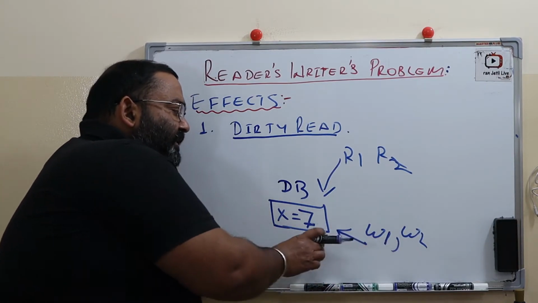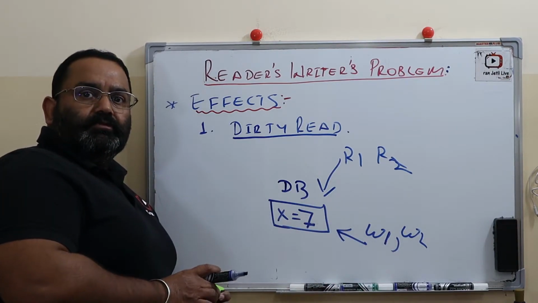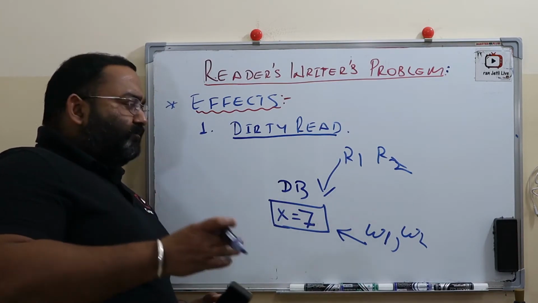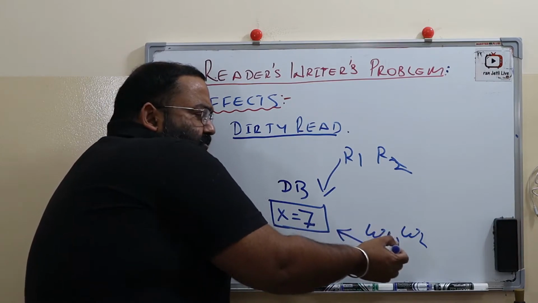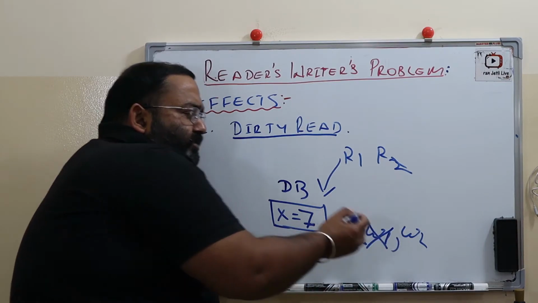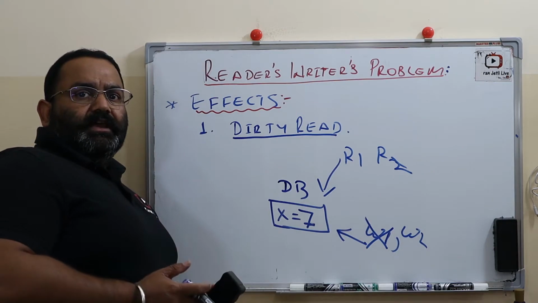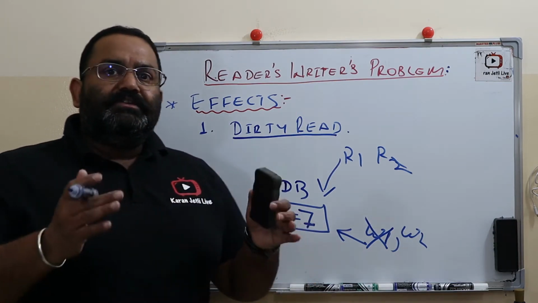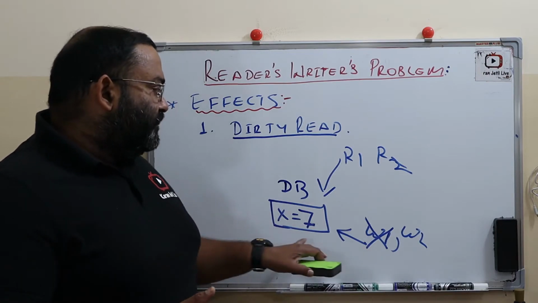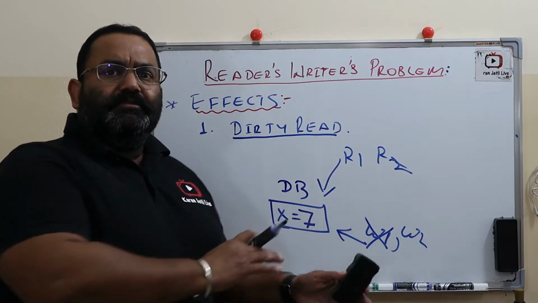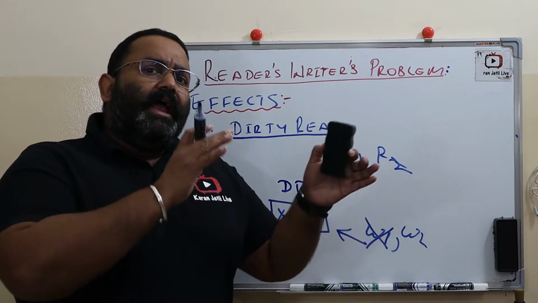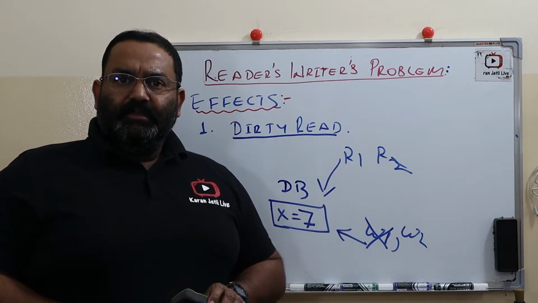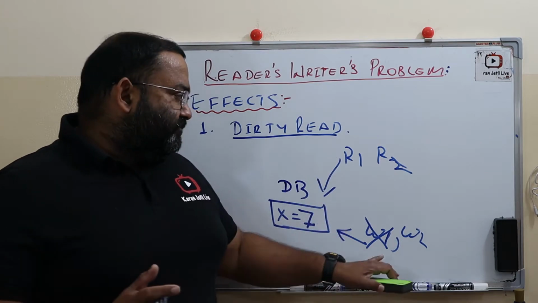Before this update can take effect, this writer 1 fails to complete its operation. Now, ideally, what should the system do? It was trying to change it, and it made it 7 also, but before it could end, this thread failed. Now, ideally, what happens if some thread fails?